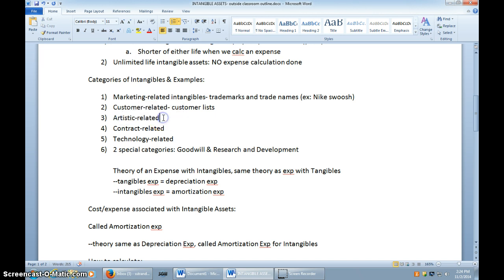Artistic related intangible assets, an example of that would be copyrights. Companies have spent a fair amount of money developing little jingles, little sayings. One of my favorites is the most interesting man in the world, for Amstel.